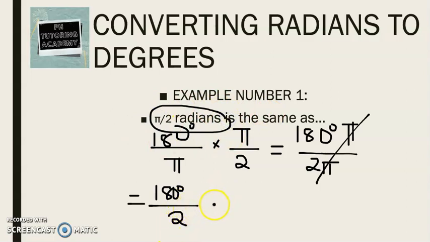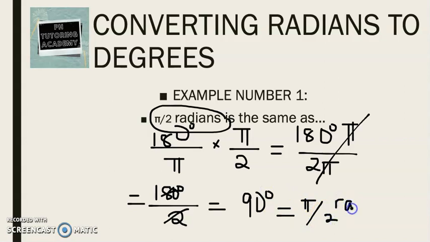So 180 divided by 2 is 90 degrees. We can say that 90 degrees is equal to pi over 2 radians. So that's the formula you use when converting radians to degrees.